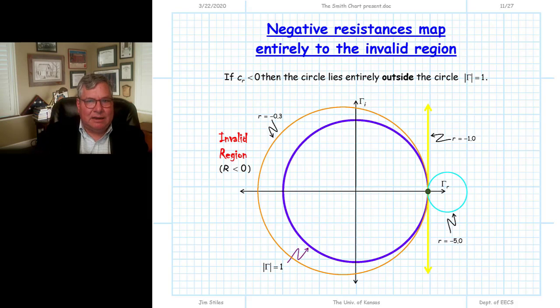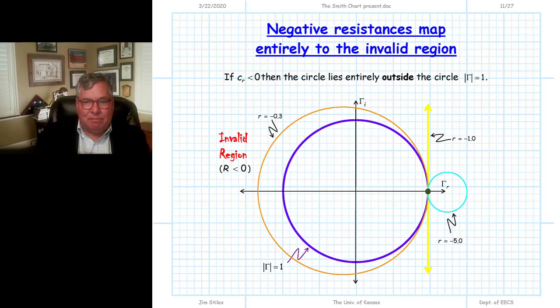They would be in the invalid region, because these are all the impedances whose real part were, for example, equal to minus 0.3, a negative resistance, or an impedance whose real part is equal to minus 5. Again, a negative resistance. So we know they're going to have to map completely into a region outside of the unit circle on the complex gamma plane, outside of the validity region. And certainly that's the case as we see here.